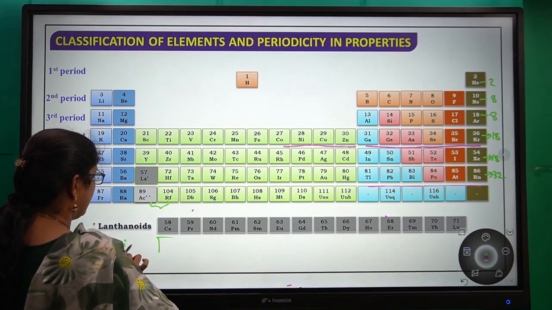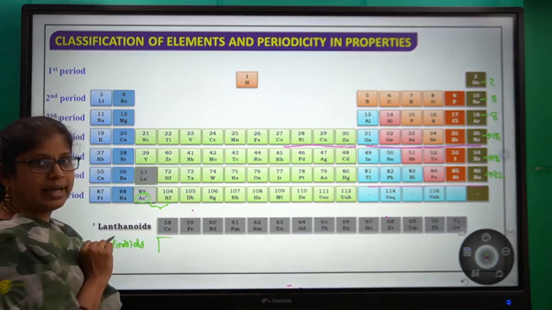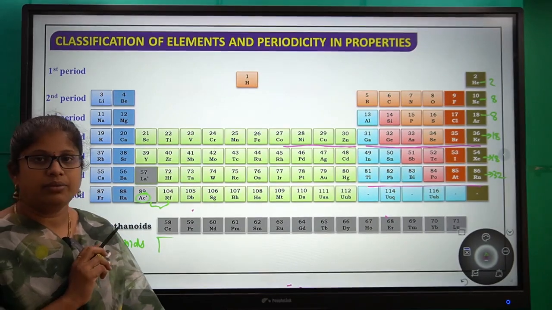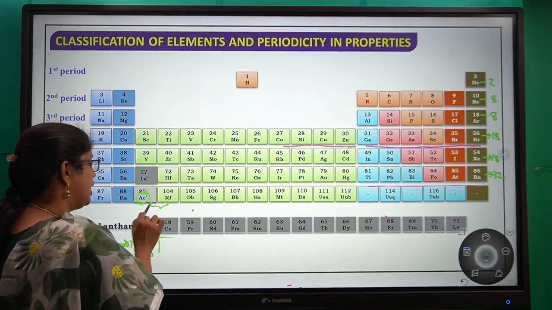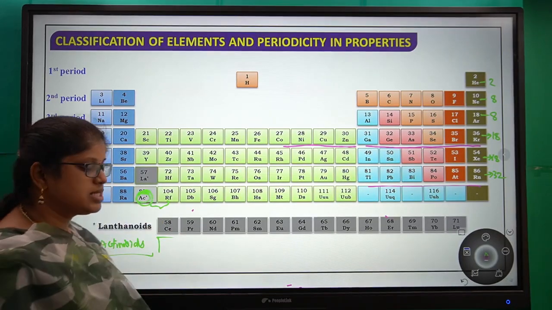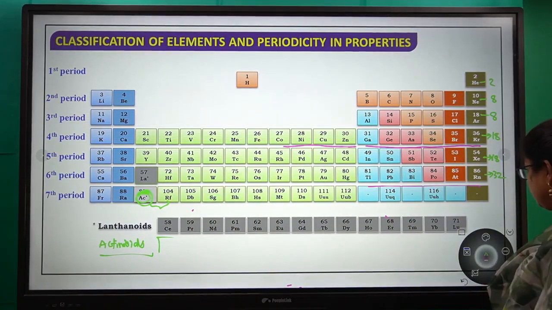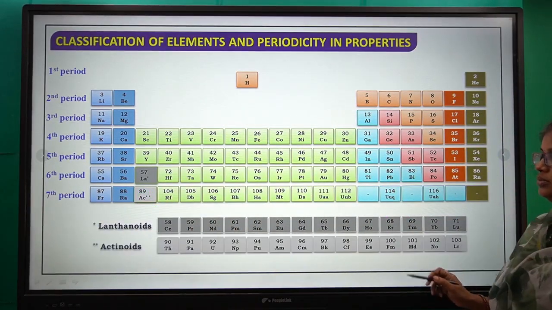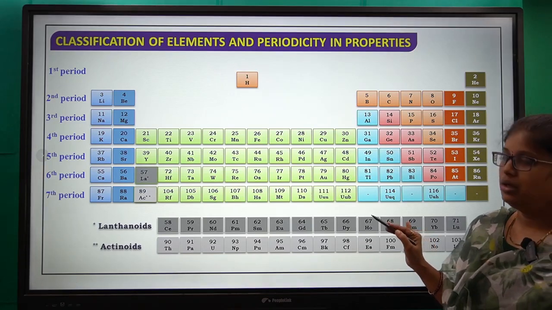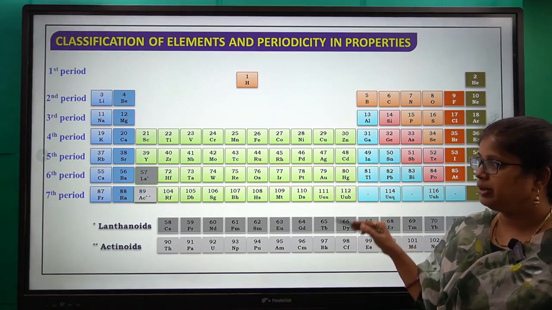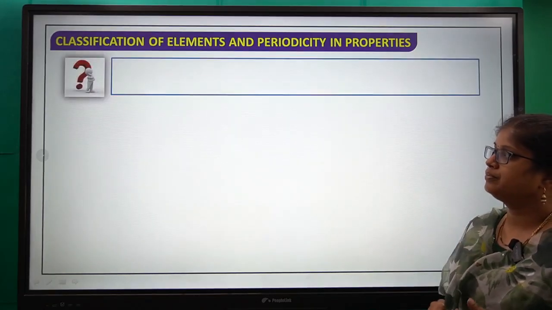Why are they called actinoids? Because they are coming after actinium and they have similar properties with actinium. So that's why these are called actinoids, on behalf of this element's name. So this is the long form of the periodic table along with the periods.